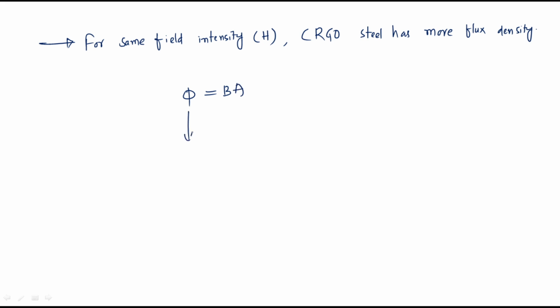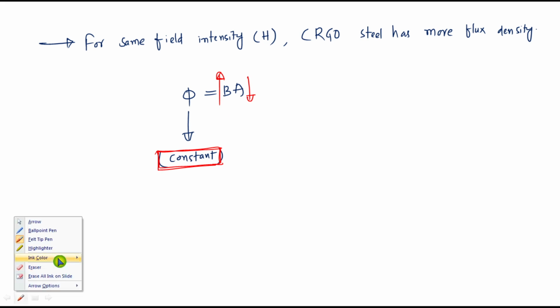In order to maintain constant flux, with maximum flux density, obviously the area of the core should be decreased. To get constant flux, the required parameter is more flux density.